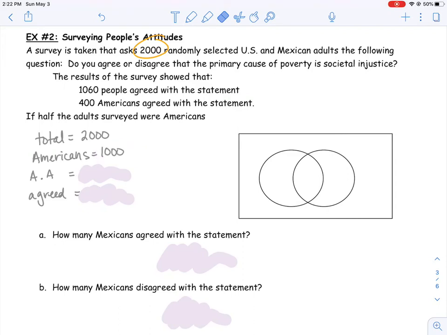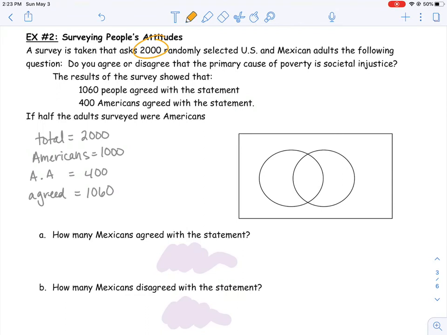Well, again, it says that there are half, so I know that there are 1,000 Americans in this survey. How many Americans agreed? Well, it said that 400 Americans agreed with the statement. How many people agreed total? Remember, it said 1,060. So off to the side, I kind of pieced through the information and wrote down those 4 pieces there. Now let's go ahead and try to put it into a Venn diagram.